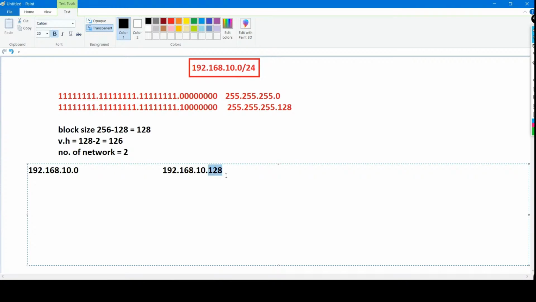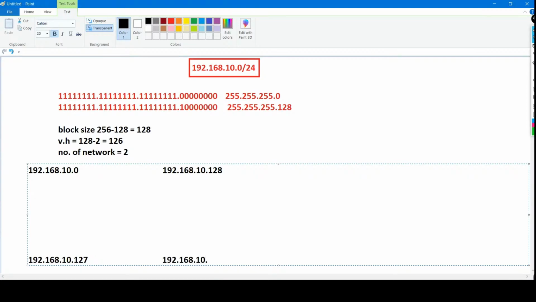If this is my second network, then network 1 ends on 127. That means this network ends on 192.168.10.127, which is the broadcast ID. And this network ends on which IP address? 192.168.10.255.